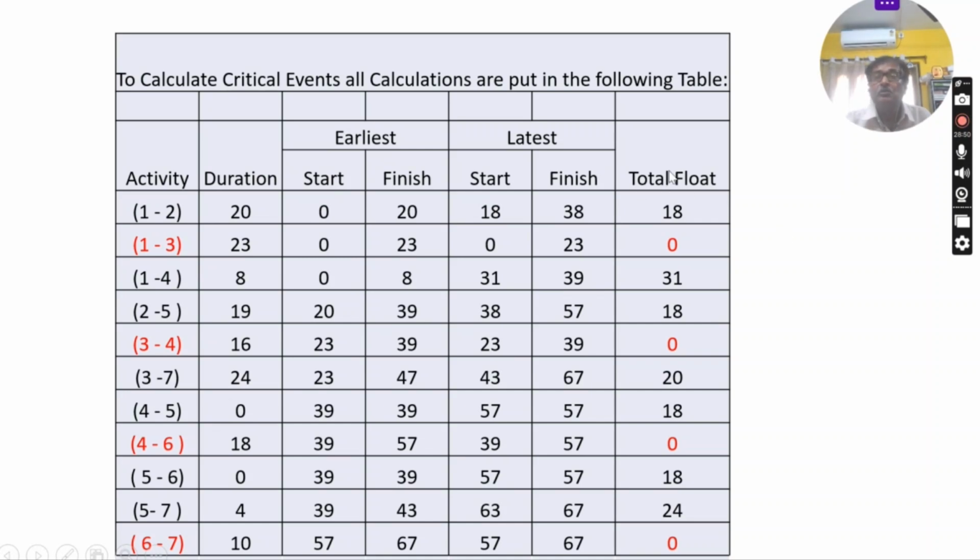Now finally, total float. How will you compute total float? Total float means the latest finish time minus the earliest start time minus the duration of the task. Float means the available time by which that activity can be delayed while the project is still completed within the maximum permissible time.